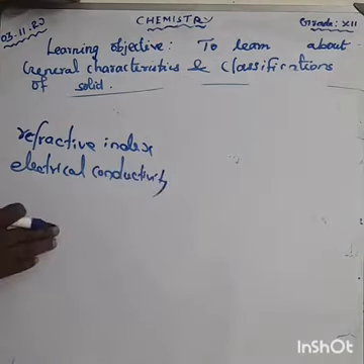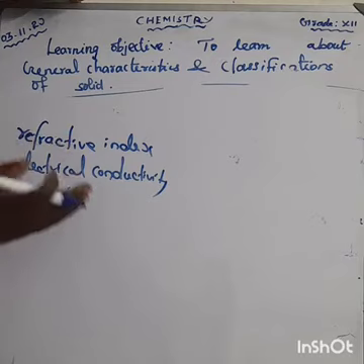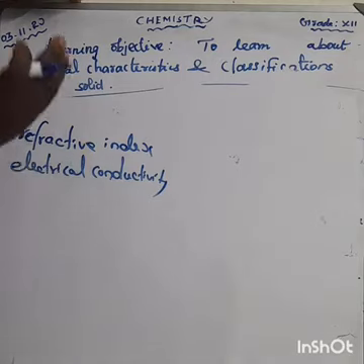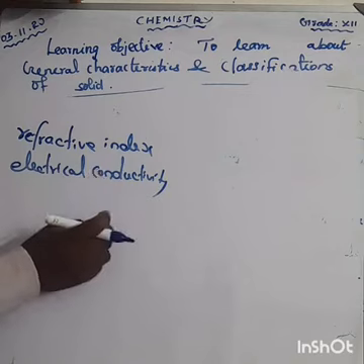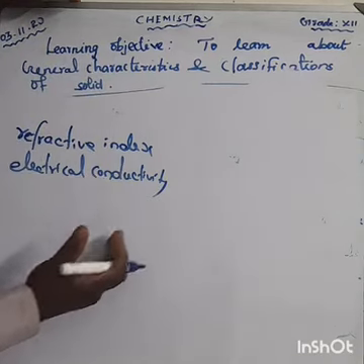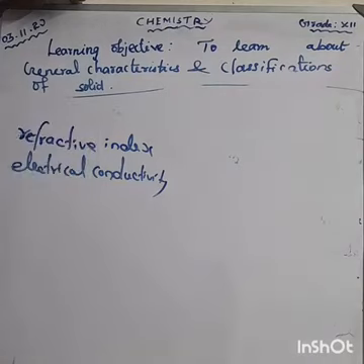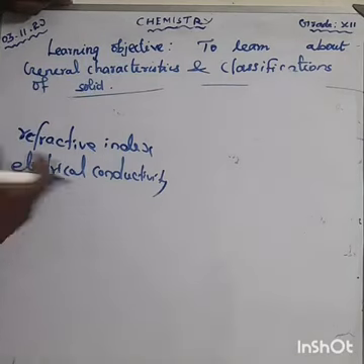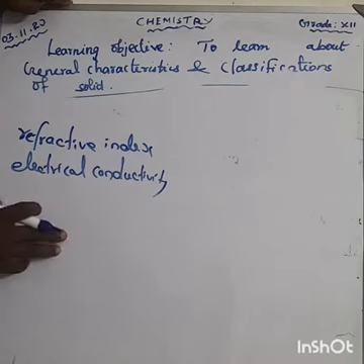That is an example of isotropic. What about anisotropic? The properties depend upon the direction of measurement. They show different values of physical properties when measured along different directions. Anisotropic means different directions. Isotropic means uniformity in all directions.